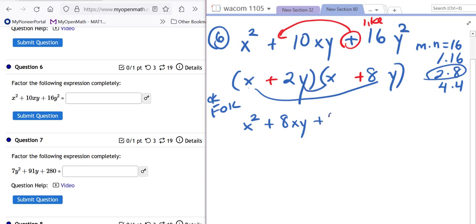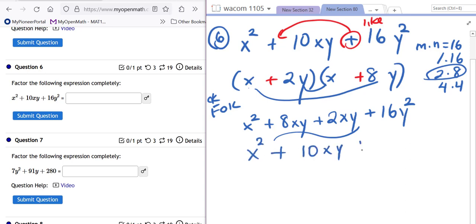Inside plus 2, and I'm going to put those back in alphabetical order just so I can see them easily. And then last, 16y squared. Okay, outside and inside should go together. And we're good. That gets us back to the original. So I only did the whole FOIL because of the extra variable in there.